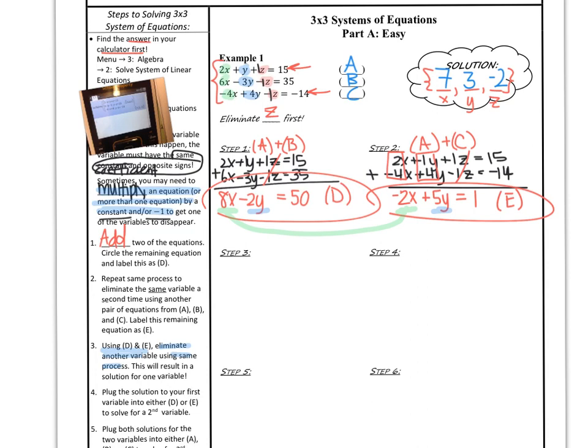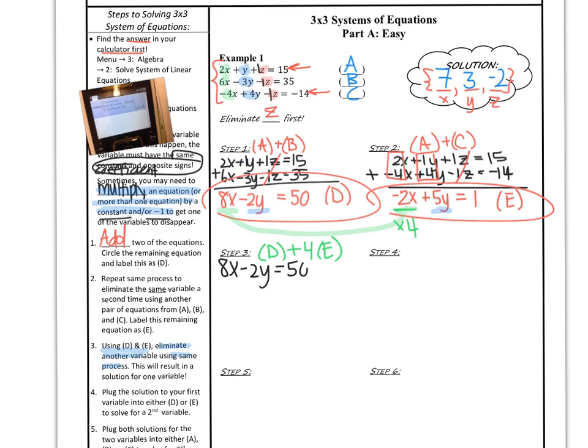So we're going to do equation D plus, well, we have to multiply this times a positive 4 to keep it as a negative 8 so that they are the same number but opposite signs. So we're going to do D plus 4 times our E equation. The D equation just gets written as it is. That's the 8x minus 2y equals 50.